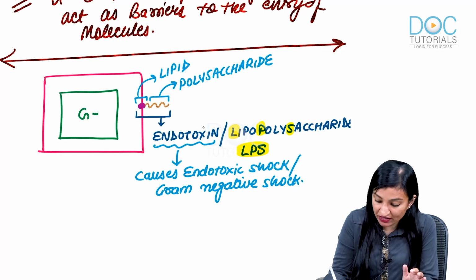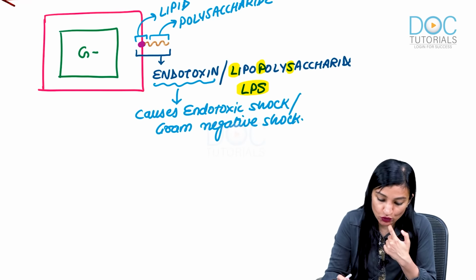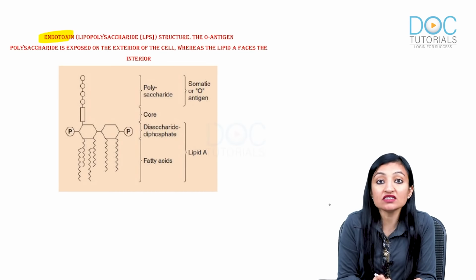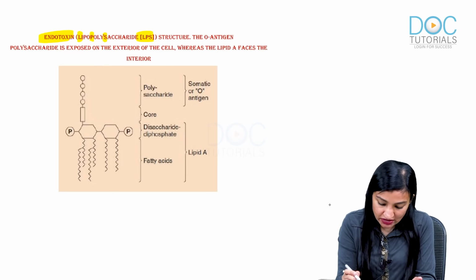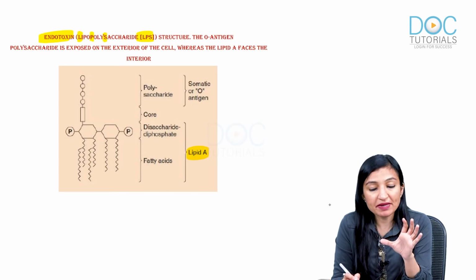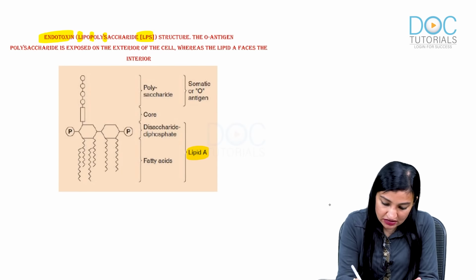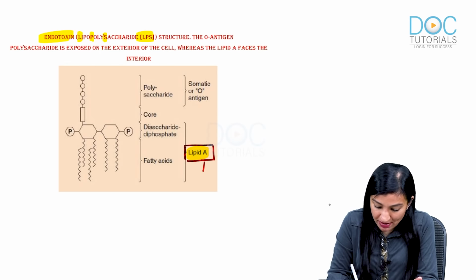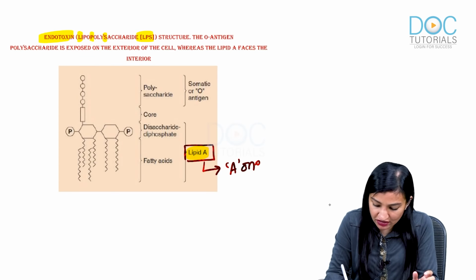Now guys, before I explain what exactly this means, we need to know the structure of LPS or endotoxin. So this is the structure of endotoxin or lipopolysaccharide, LPS. As you can see, it has three important parts: the lipid part, the core polysaccharide and the outer polysaccharide. As far as the lipid part is concerned, it has what is known as lipid A. Remember, lipid A has a capital A in its name, so remember, it is the A1 or number 1 toxic moiety.